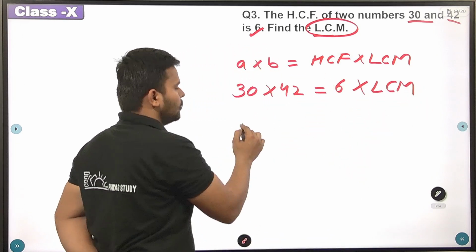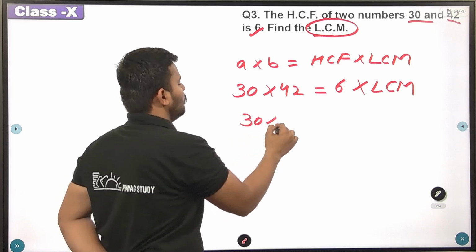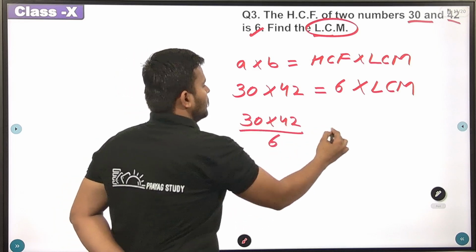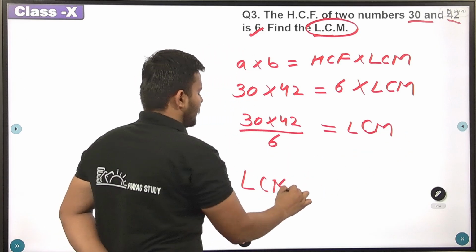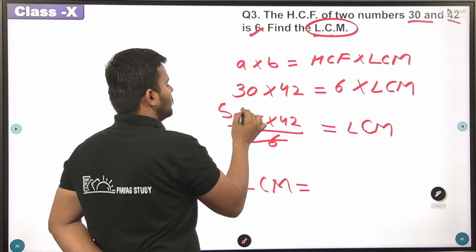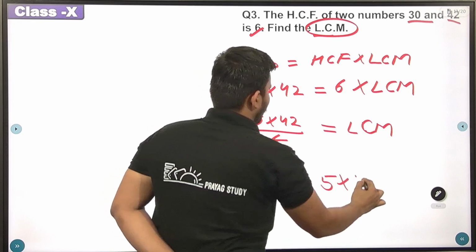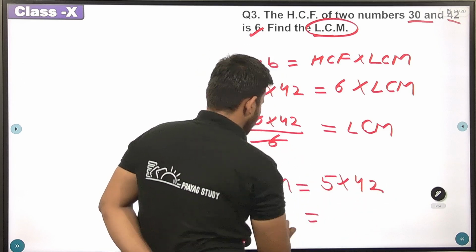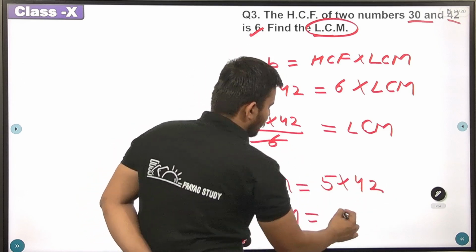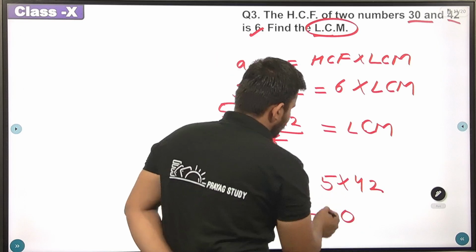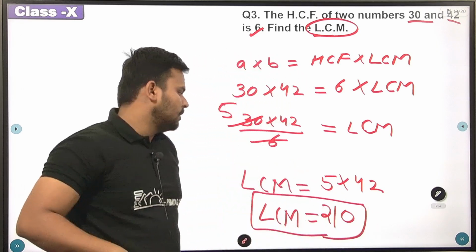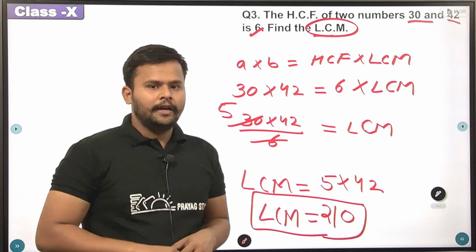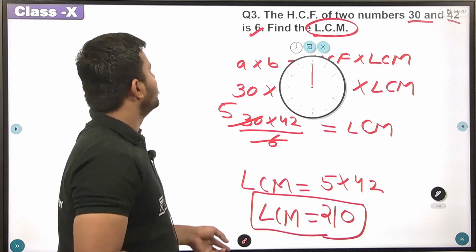Now 6 will come to the left side, so it becomes 30 into 42 by 6 is equal to LCM. So how much are we going to get as LCM? 6 5s are 30, so 5 into 42. 5 2s are 10, 1 carry, 5 4s are 20, plus 1 is 21. So it will be 210.